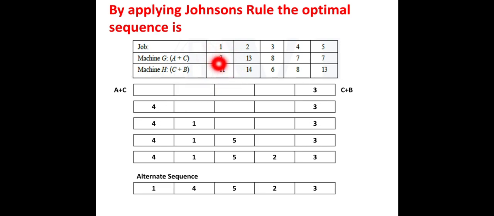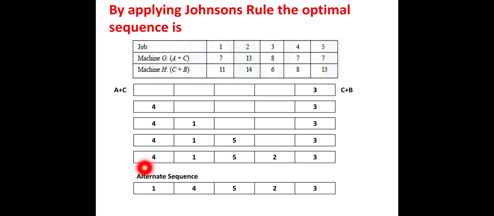Here again the minimum occurs at G, that's why I have sequenced job 1 here, in the A plus C corner. The next minimum is again 7, which corresponds to job 5, also under A plus C, that's why I have sequenced it here. The only remaining job is 2, so I have sequenced it in the last slot, since I am left with only one slot.